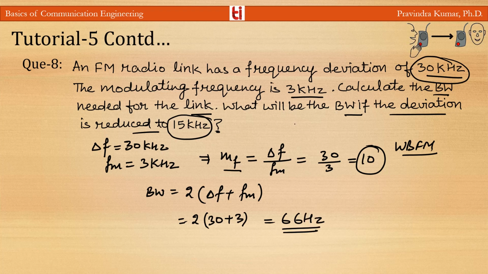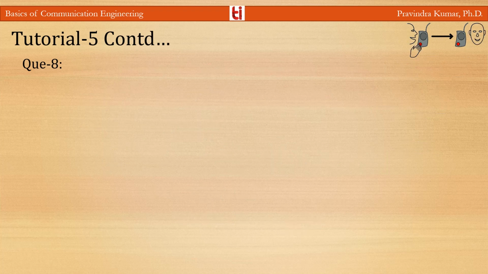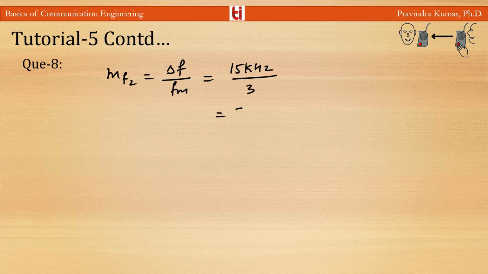Now in the second case I am going to reduce the deviation to 15 kilohertz. What will be the bandwidth in that case? If I reduce the deviation, then the modulation index will also reduce. So the modulation index is delta f by fm. Now delta f is 15 kilohertz and fm is 3, so it is 5.